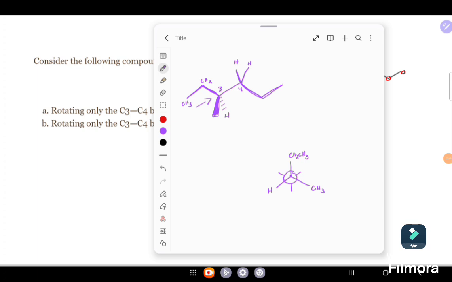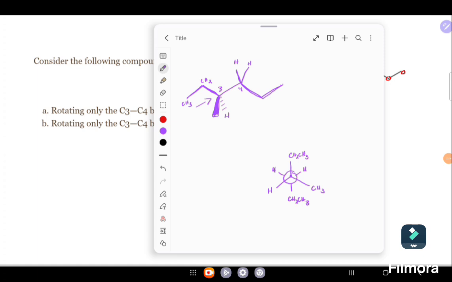As we discovered in the previous discussions, what we want to do is get the large groups in an anti position. Since the large groups here are the ethyl groups, it would make most sense to put the ethyl group on the back carbon as far away from the ethyl group on the front carbon as possible, placing the hydrogens beside the large ethyl group on the front carbon.